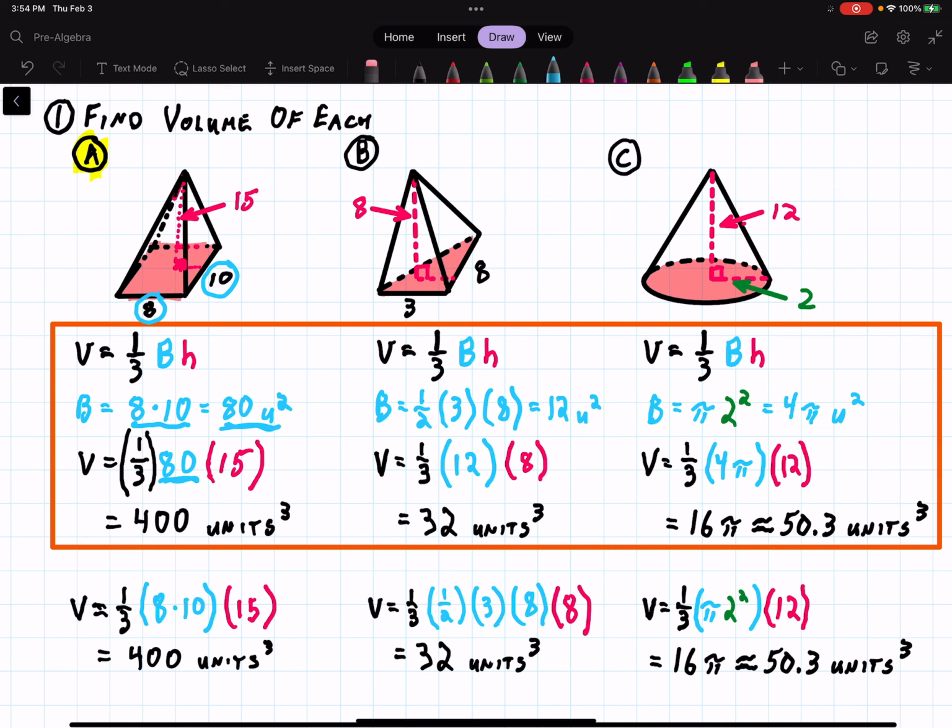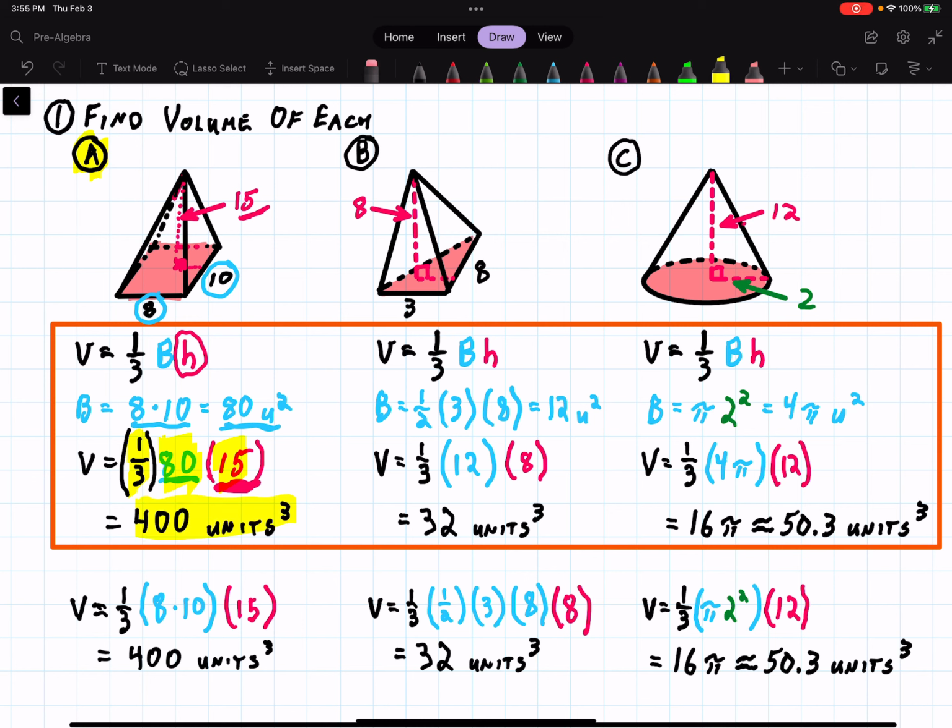Then we have a height of 15, and that goes here, which is substituted in for the h of the height. And when you multiply 1/3 times 15, you get 5. 5 times 80 gives you 400 units cubed.